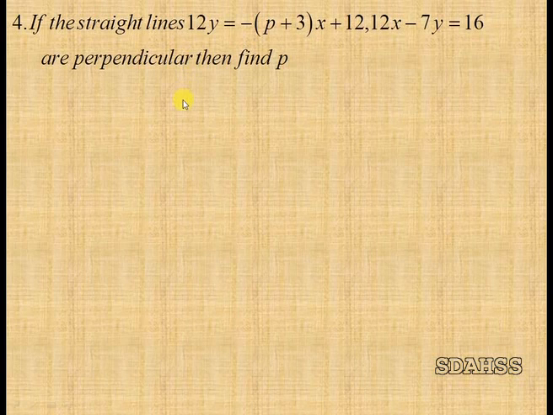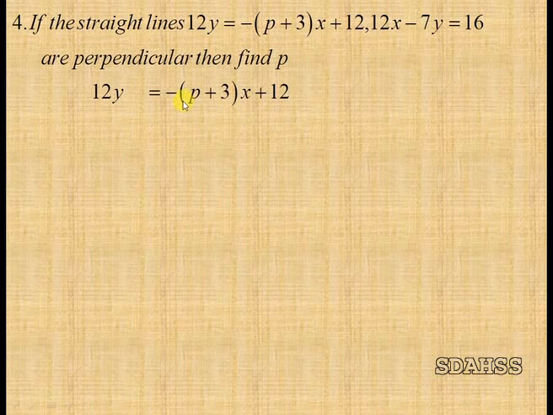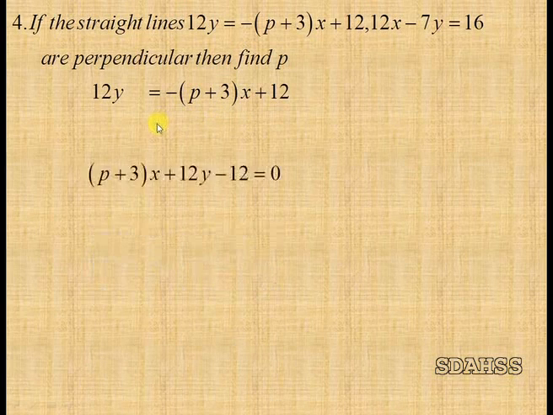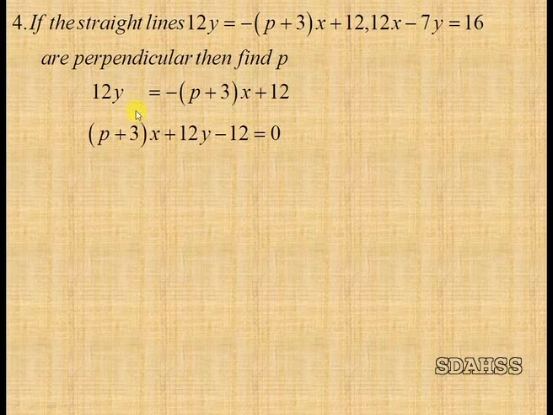First let us consider the first equation. 12y is equal to minus (p plus 3)x plus 12. Bring this term to the other side, it becomes positive. So (p plus 3)x plus 12y minus 12 is equal to 0.